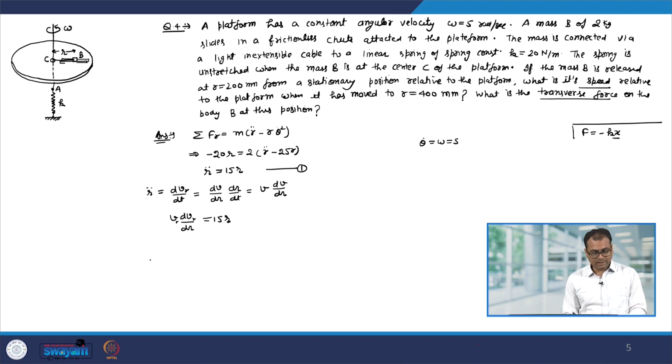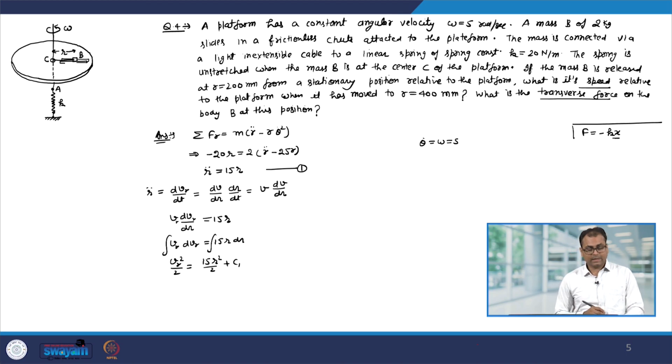Now, I can integrate it to find out what is Vr. So, Vr dVr equal to 15 r dr, let us integrate it. So, we have Vr square divided by 2 equal to 15 r square divided by 2 plus constant.